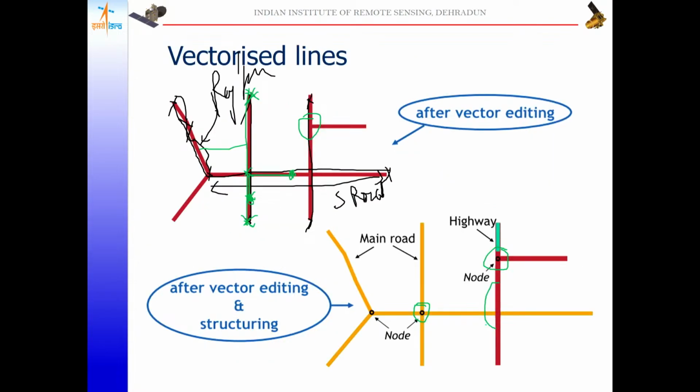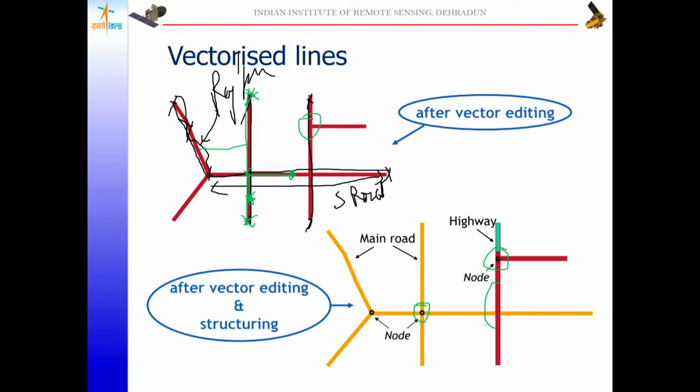When creating the lines, the attributes of the line can be stored. Attributes can be the name of the road, the type of the road, the width of the road, whether it is a highway, state highway, national highway, village road, district road or colony road, and whether it is one way.